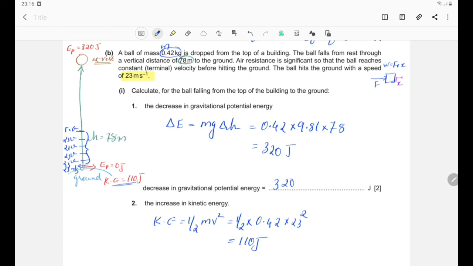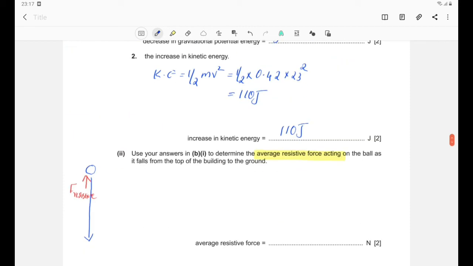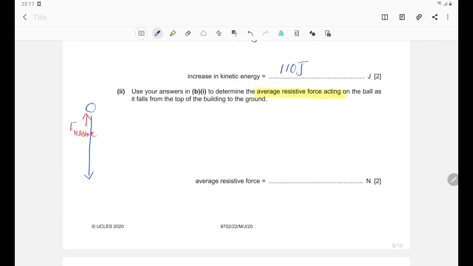So we can calculate how much energy has been wasted. You can do it by just subtracting the kinetic energy from the total potential energy. So the energy wasted due to friction, or due to the resistive force, is the initial potential energy minus the final kinetic energy, because all of the potential energy has not been converted to kinetic energy.